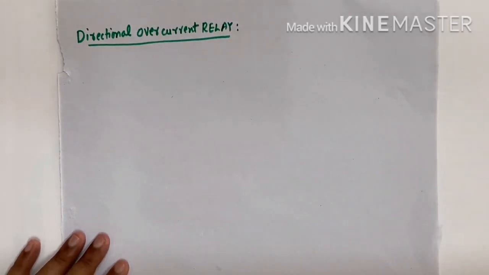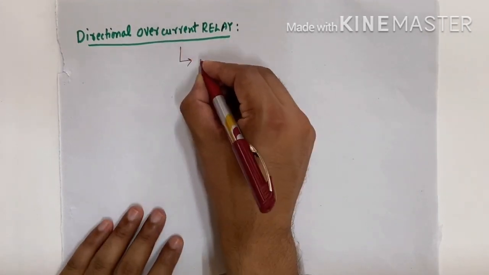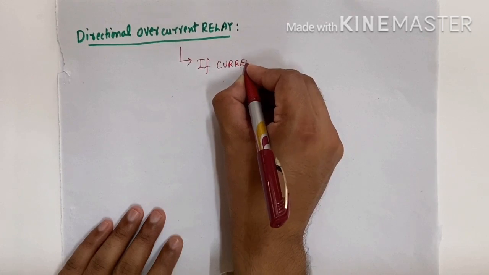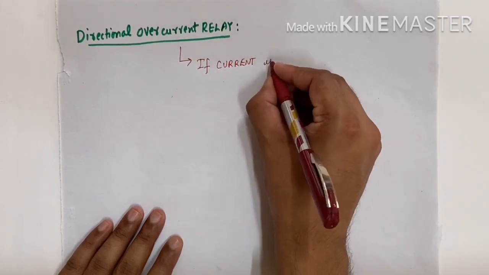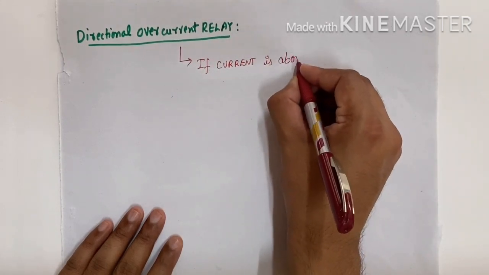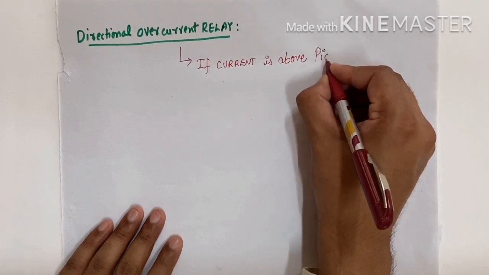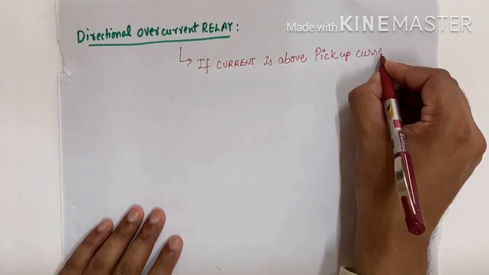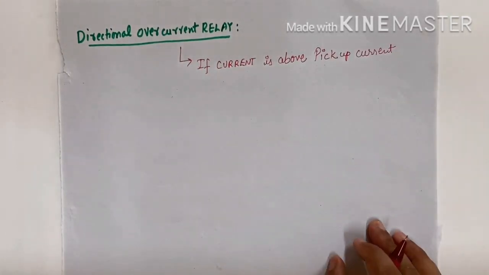See what happens in the directional overcurrent. If the current is over the pickup current, then it is called a directional overcurrent relay.